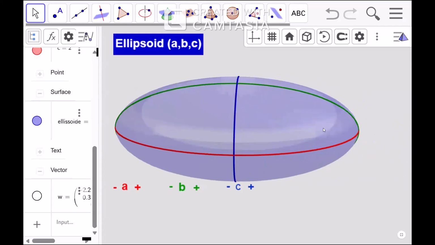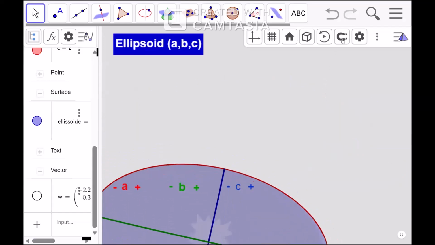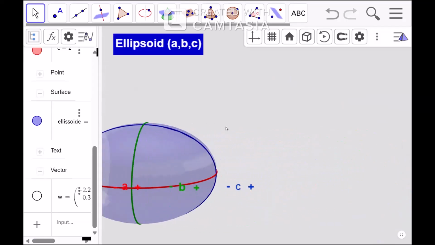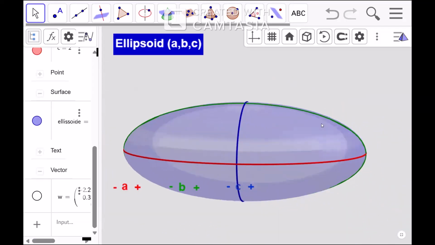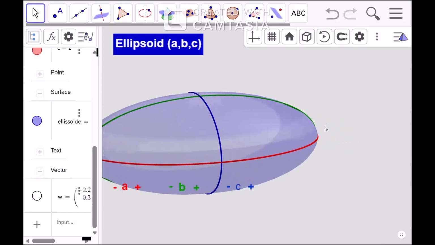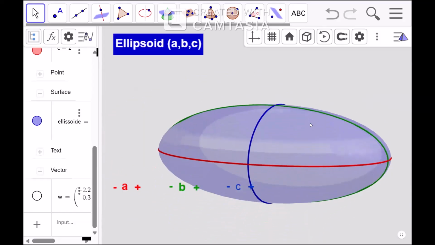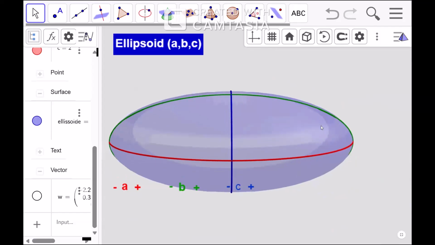So this is an ellipsoid, like an egg. If you simply project this on x, y, and z, what will happen?